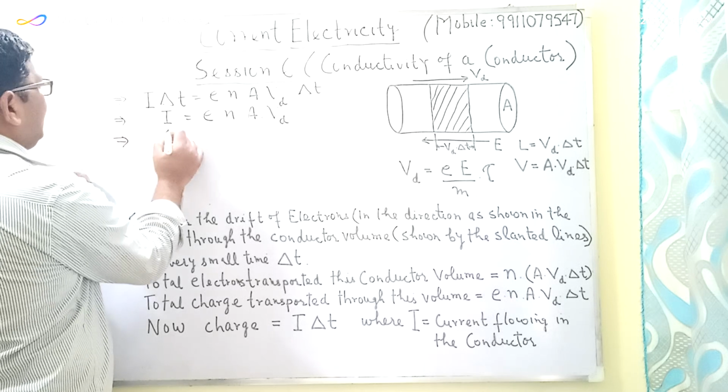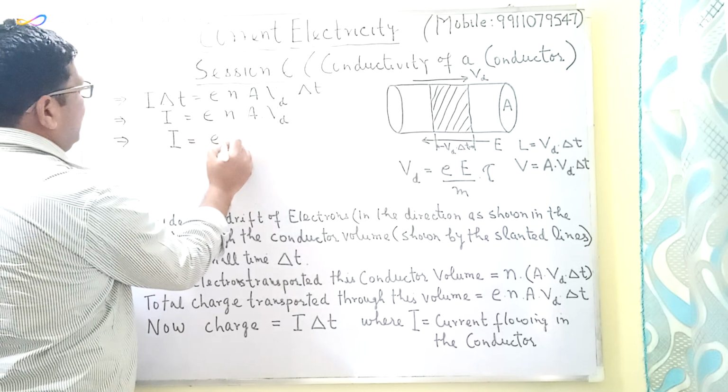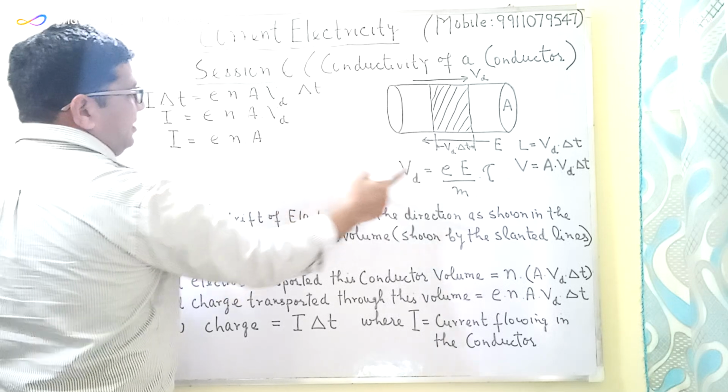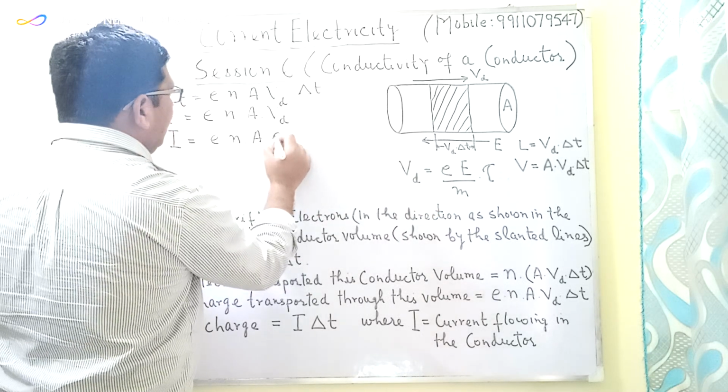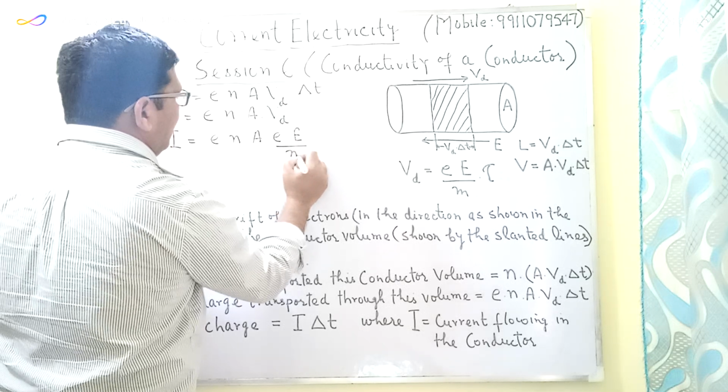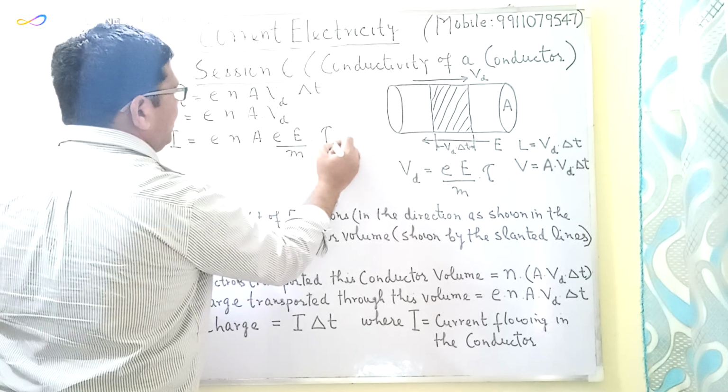So what I will be getting is I is equal to e N A Vd. Now Vd is equal to what? Vd is equal to eE upon m tau.